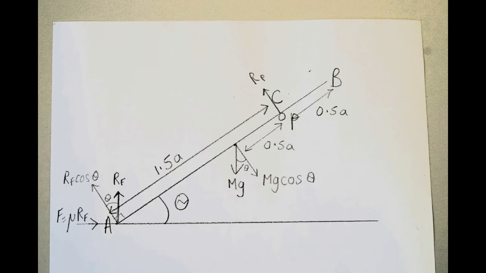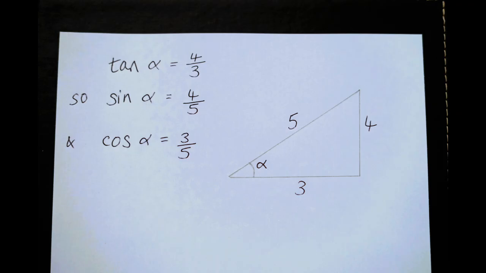We just need to find sine theta and cos theta from what we're given, which is tan theta equals 4/3.